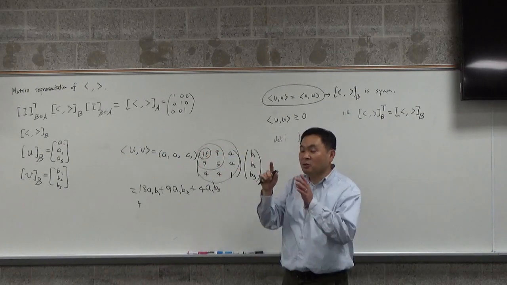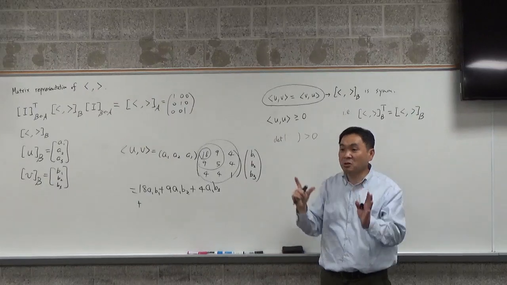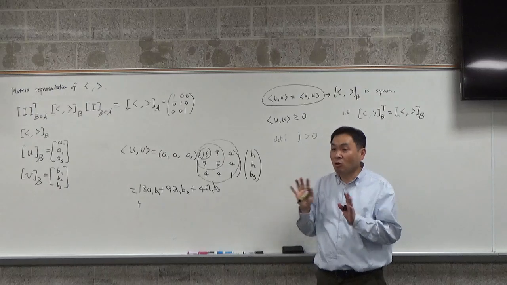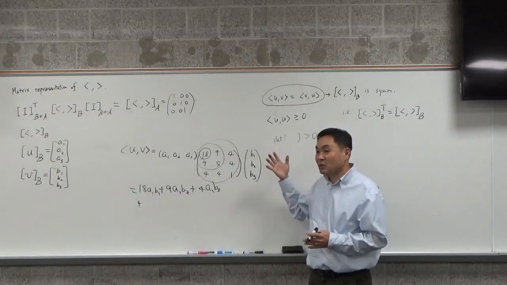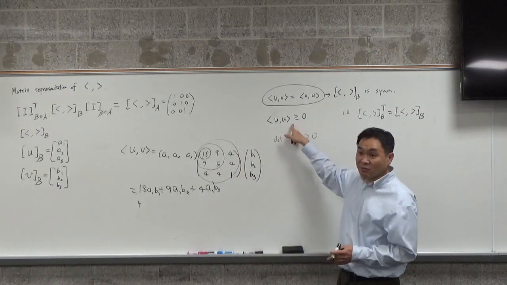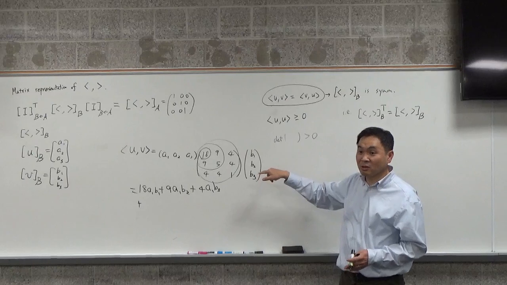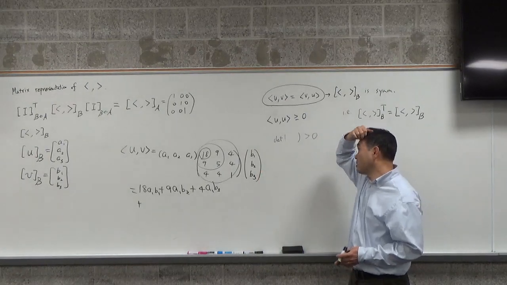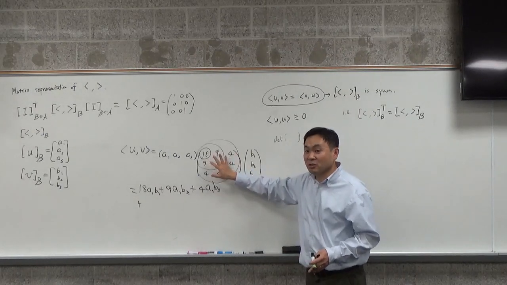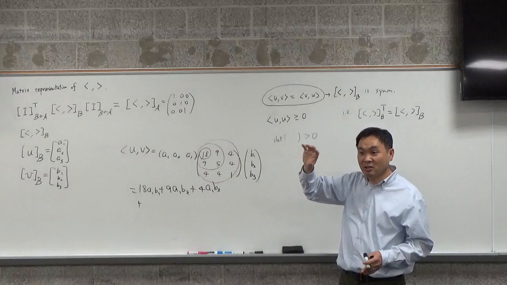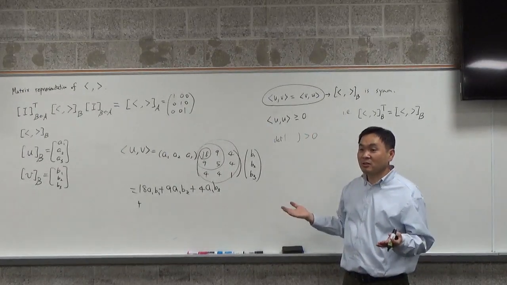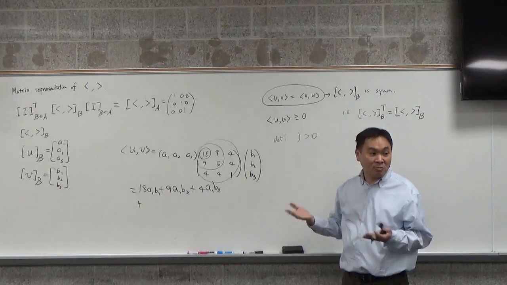So you build a 1 by 1, 2 by 2, 3 by 3, and if all these matrices' determinants are all positive, then there's a mathematical theorem that shows that in that case it will always be positive definite. The only time this will be 0 is when you have the 0 vector. Okay? So any kind of symmetric matrix that satisfies the determinant of the submatrices being positive can be an inner product under some basis.